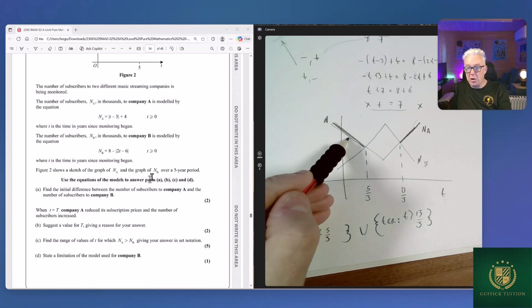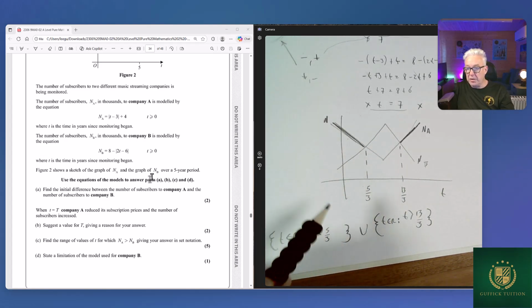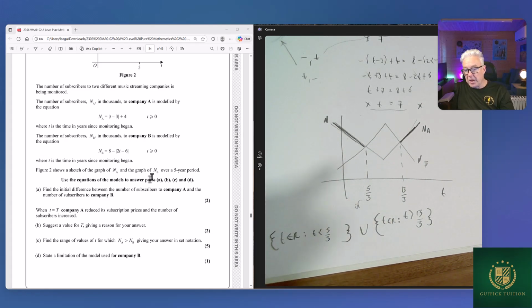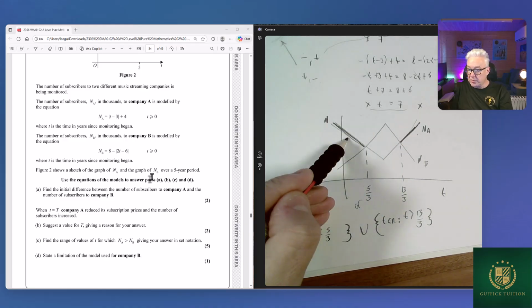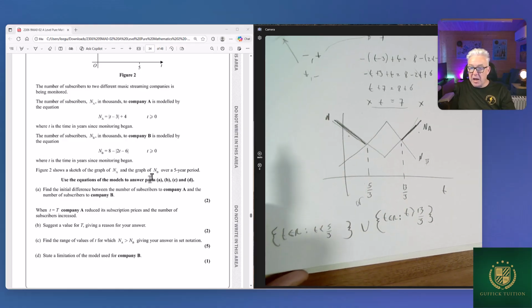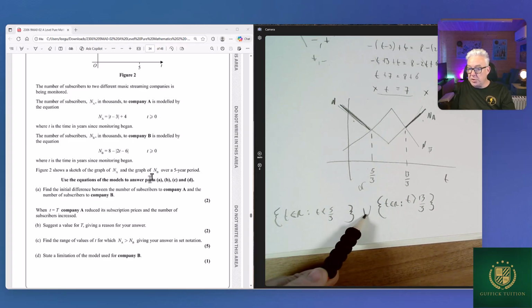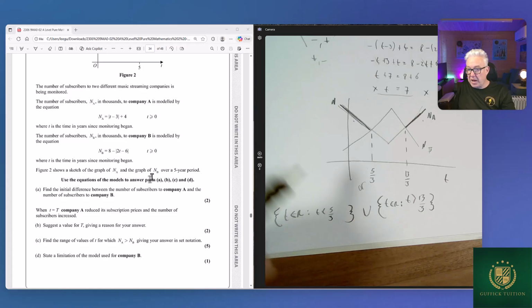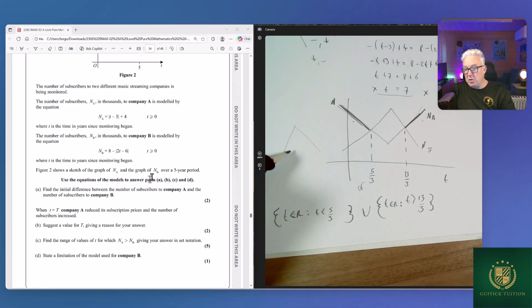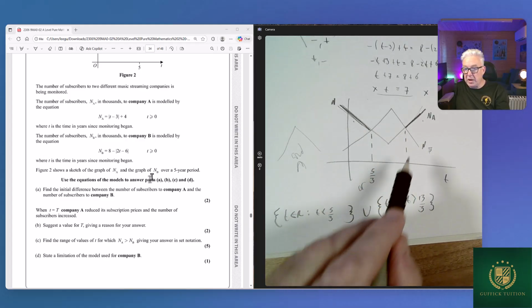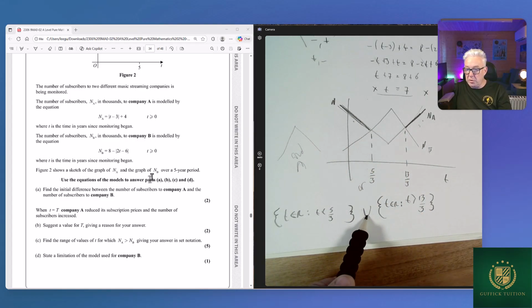And because we've not got a connected region, we're going to think about the word or. It's either this region or this region. And when you're representing or in set notation, you use union, the U symbol. If it's a connected region, you think about the word and, and you would use the intersection symbol. But it's two separate regions, so it's union.